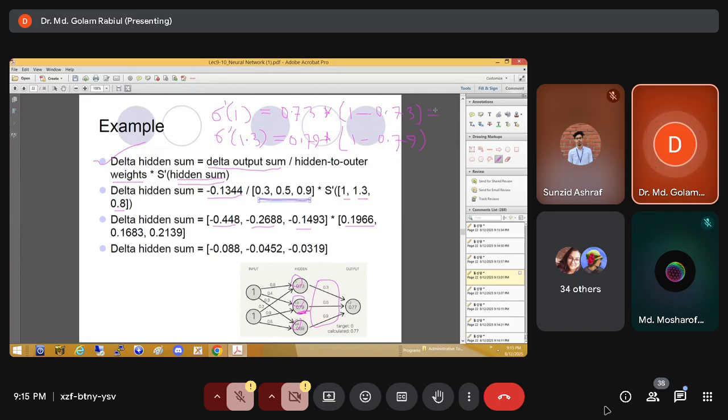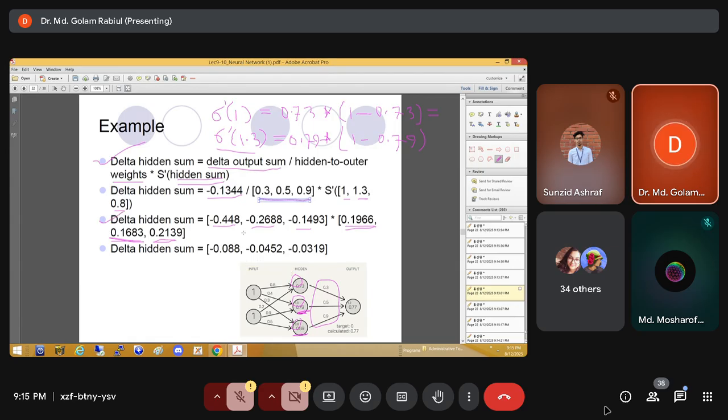From here we will get 0.1966, and from this one we will get 0.1683. Similarly, for the derivative of the sigmoid of 0.8, the sigmoid is 0.69, so 0.69 times 1 minus 0.69, we will get 0.2139.